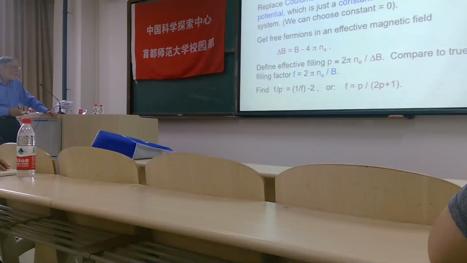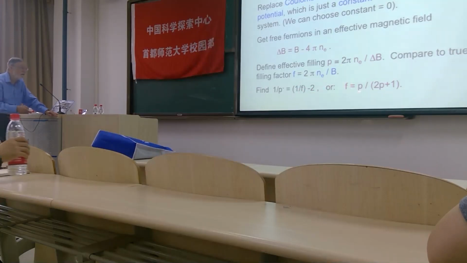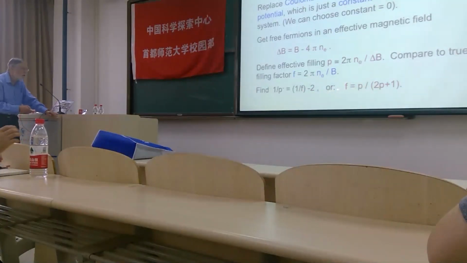And now you can see that there's a simple relation between them. 1 over P, I invert, this is proportional. 1 over F is proportional to B, and 1 over P to this. And so 1 over P is equal to 1 over F minus 2, a simple relation, so that the true filling fraction is equal to P over 2P plus 1.